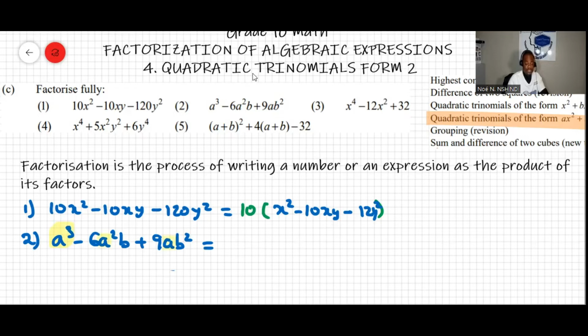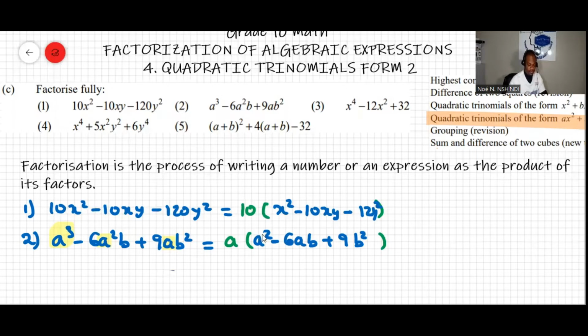It is actually a common factor here. We can take a as the common factor again, and then we will be left with a squared minus 6ab plus 9b squared. Over here, it's going to be similar to what we did before. So it's your turn to practice. Factorize this one, and then a will be out there.